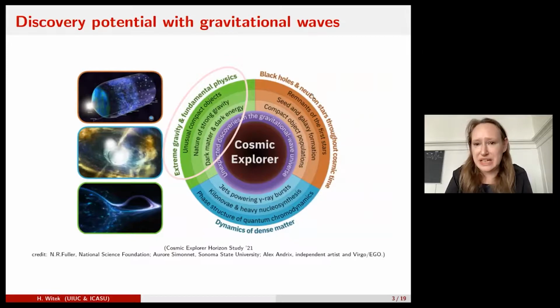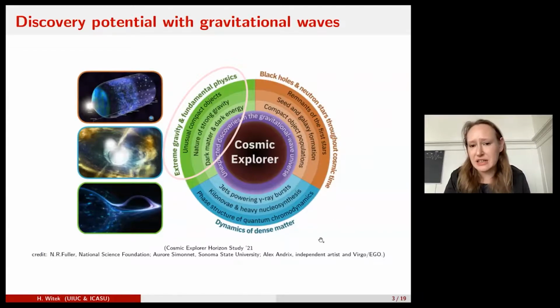So one big block here is, of course, the physics of black holes and neutron stars throughout cosmic times. How did black holes first form? How did the first galaxies form? And what is their population? One thing that is not listed here, but is also important, is can we solve, for example, the H0 problem using observation of gravitational waves from compact objects?